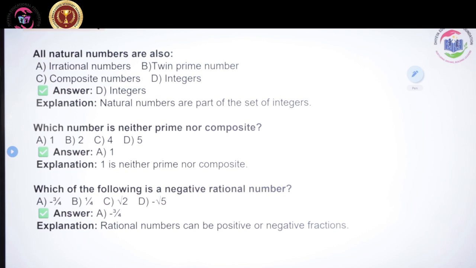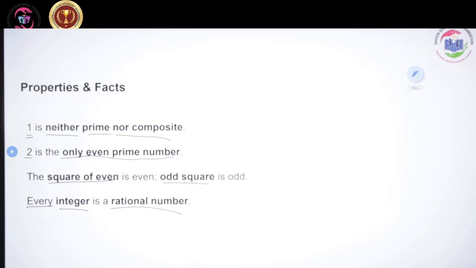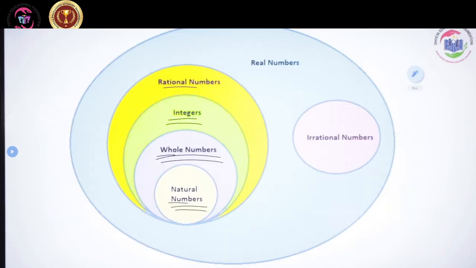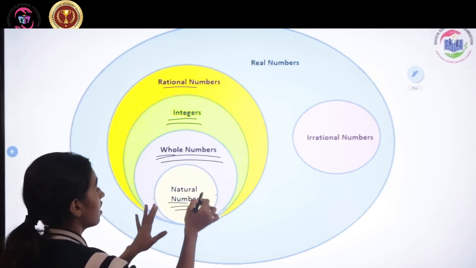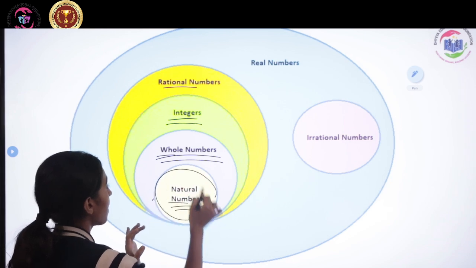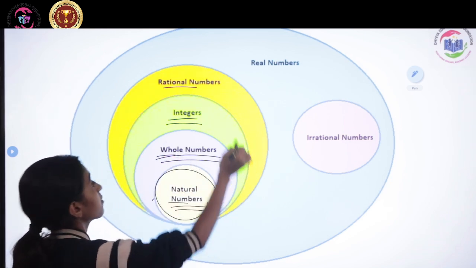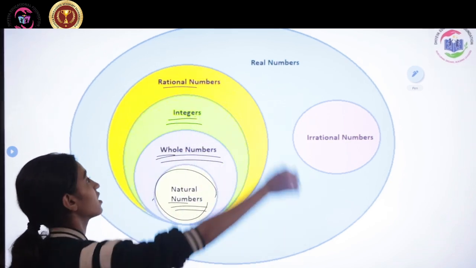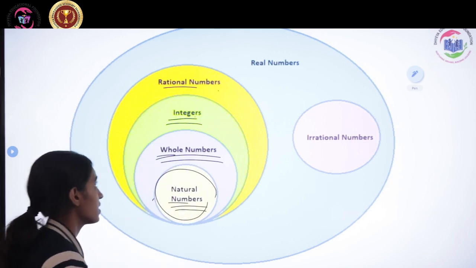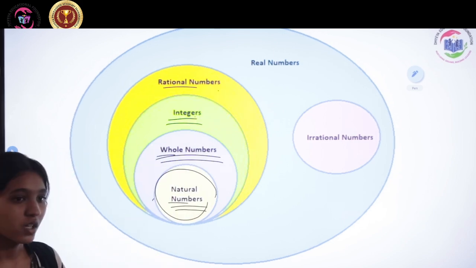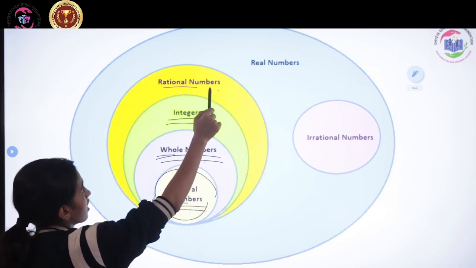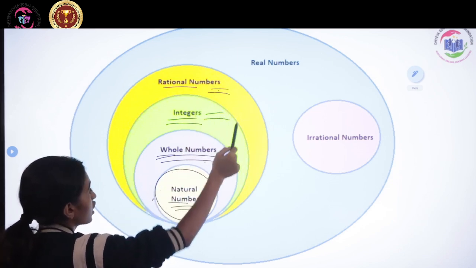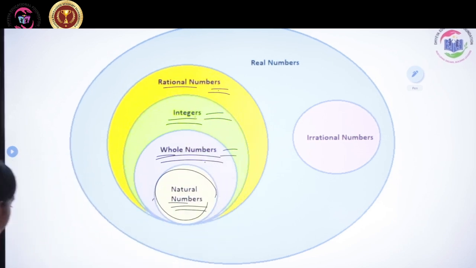If we see this image, we can see natural numbers are a part of whole numbers. They are also part of integers. They are also part of rational numbers. That means we have to find the option which includes these three: rational, integer and whole number.